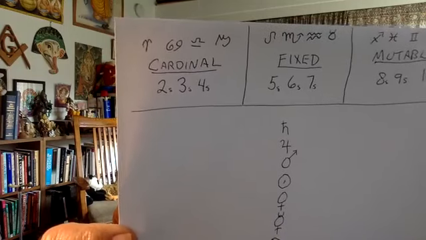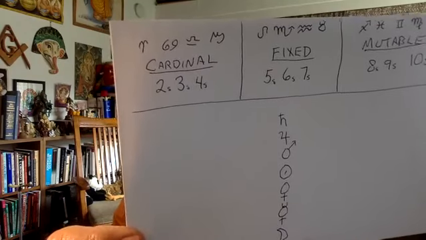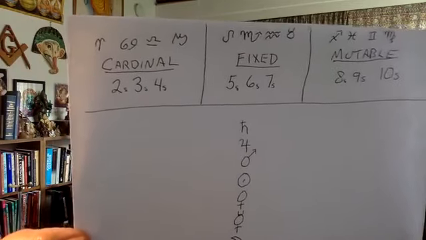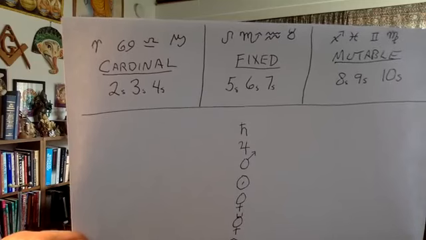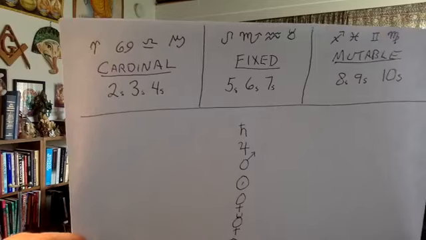We see the emblems of those fixed signs in the corners of cards like the Wheel of Fortune. And the mutable signs of the zodiac, the 8s, 9s, and 10s, are Sagittarius, Pisces, Gemini, and Virgo.